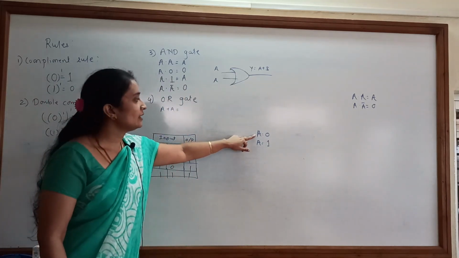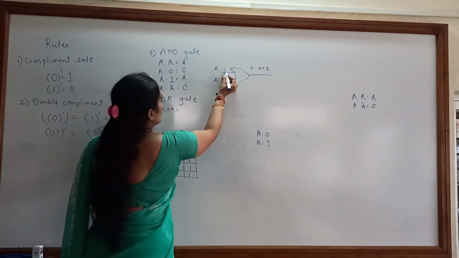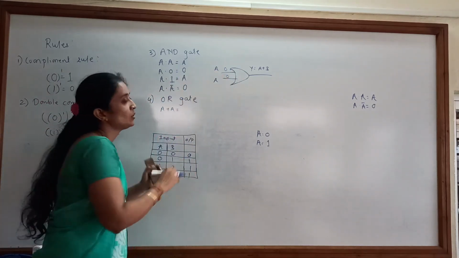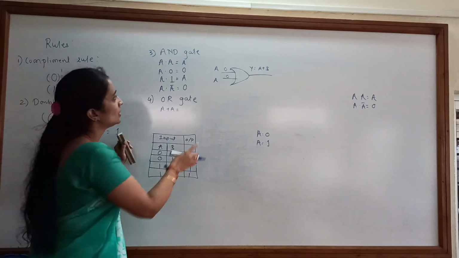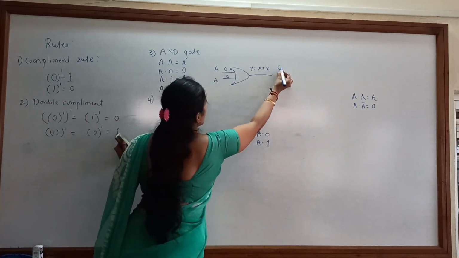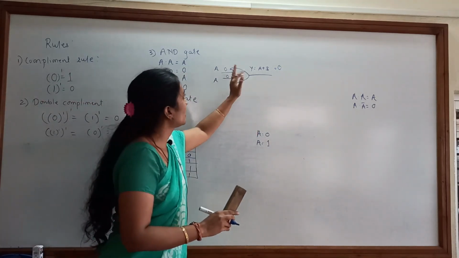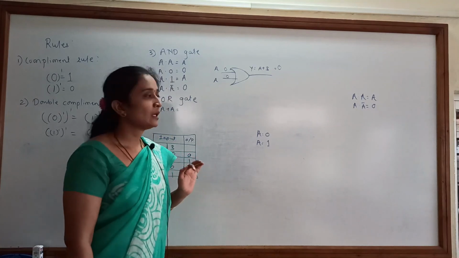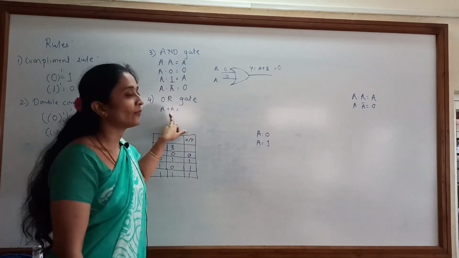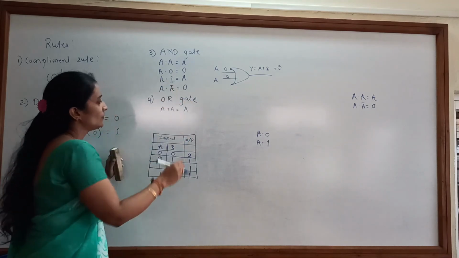First we will see when A is equal to 0, what will be the output? A is equal to 0. Second will be again 0 because we are adding the same number. 0 plus 0 means answer is 0, which is nothing but again A. Means whatever we are providing, we are getting the same. This is first rule of OR gate. A plus A is equal to A. We will change the value.